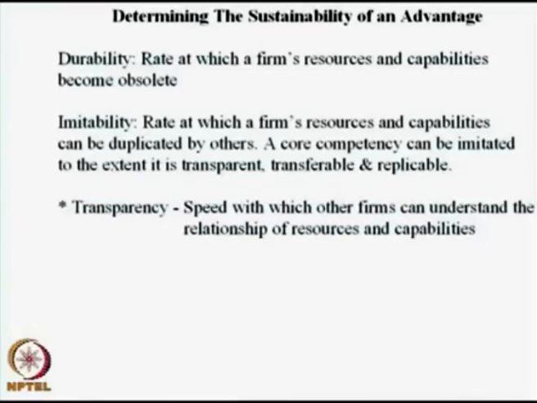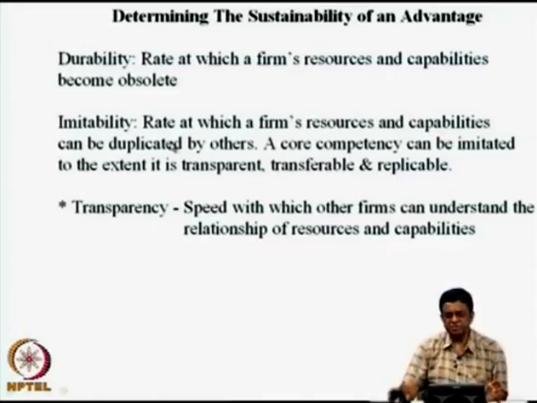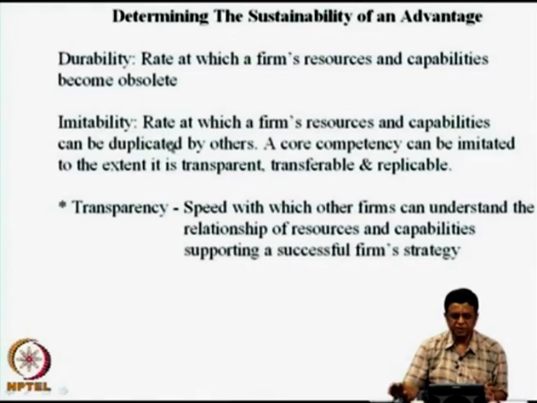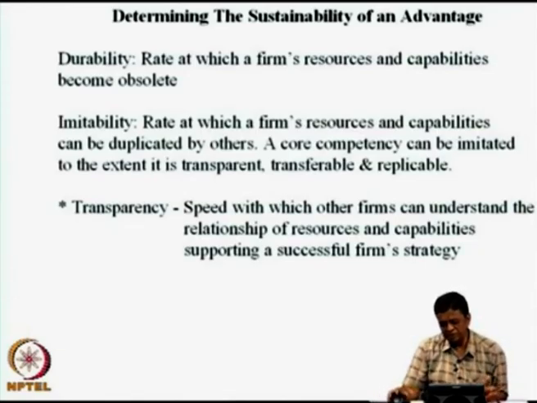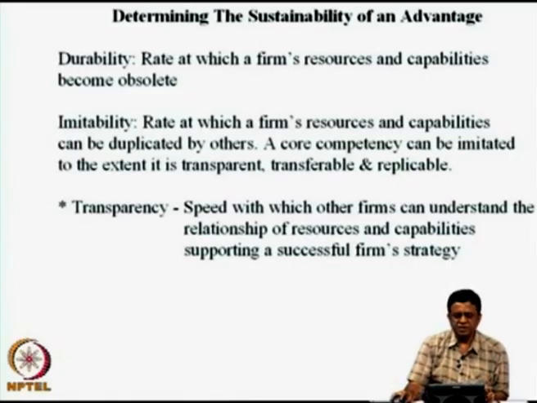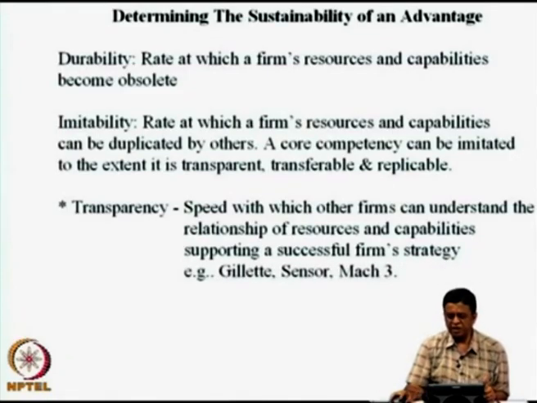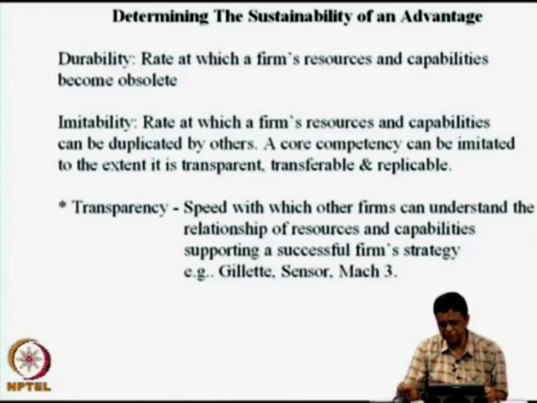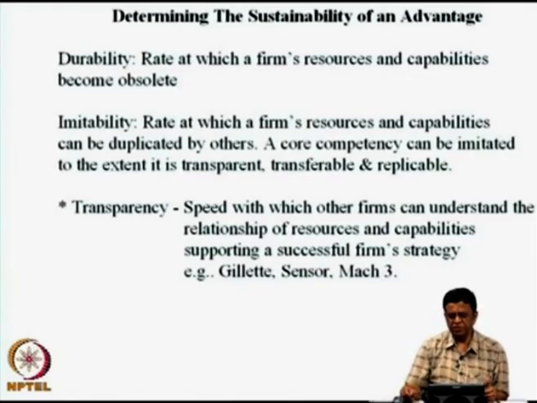So, this is where I said further, a core competency can be imitated to the extent it is transparent, transferable and replicable. What is transparent? I gave an example and also gave a broader definition or outline of transparency, that is, the speed with which other firms can understand the relationship of resources and capabilities supporting a successful firm strategy.